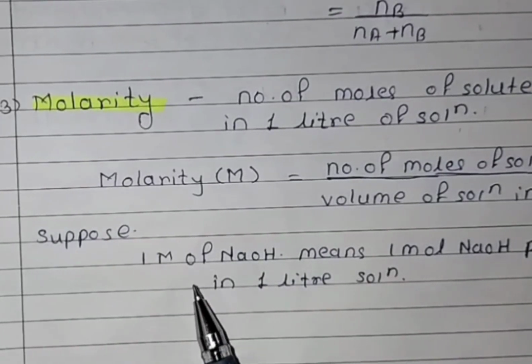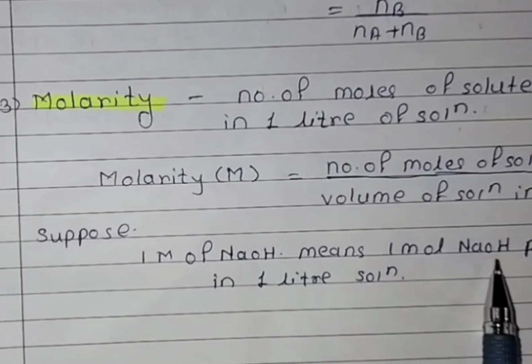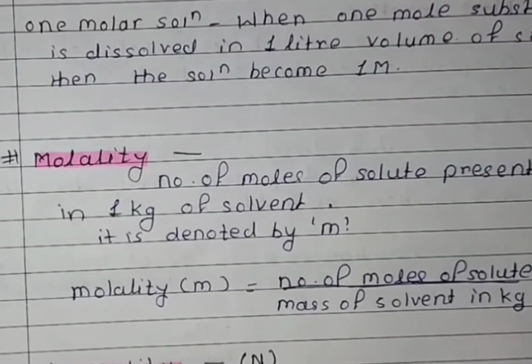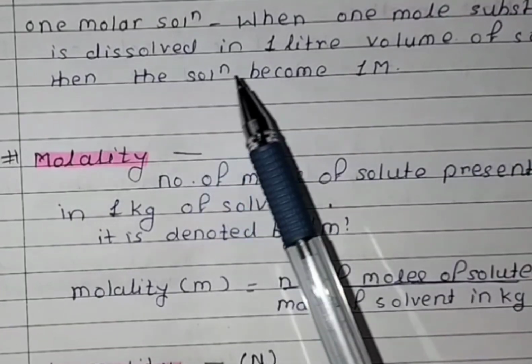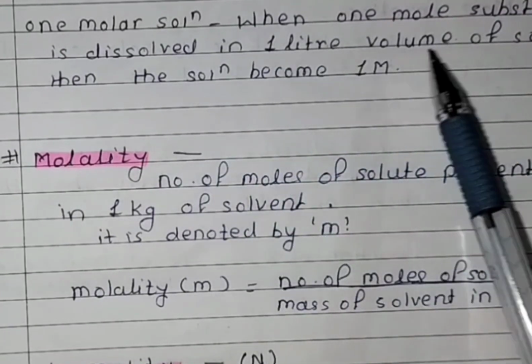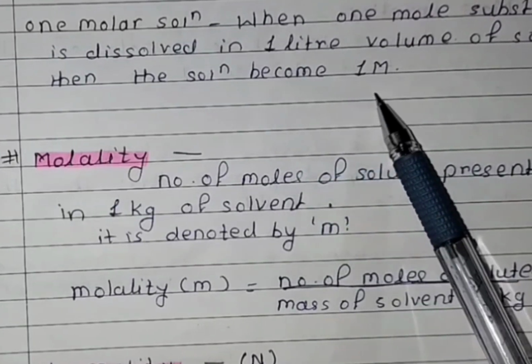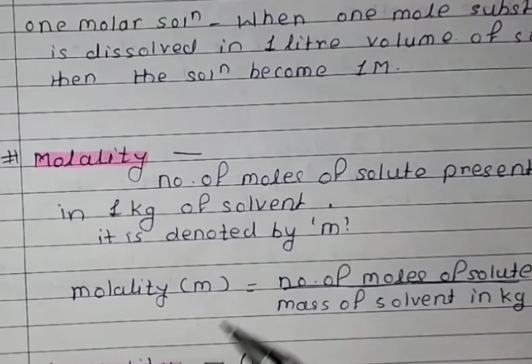Suppose 1 mole of NaOH is present in 1 liter of solution. It is a 1 molar solution when 1 mole of substance is dissolved in 1 liter volume of solution. 1 molar means 1 mole of substance dissolved in 1 liter of solution.